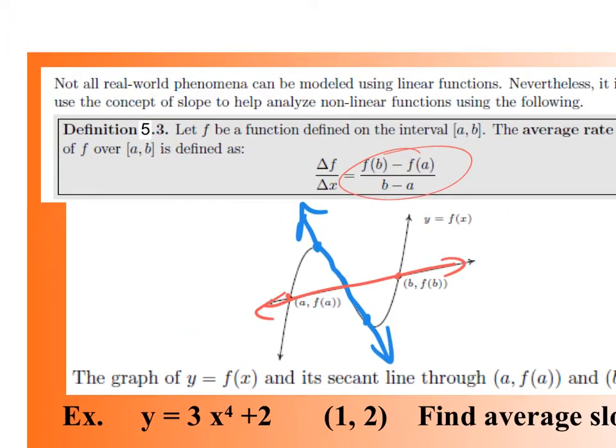So to do these, we're going to have this little formula. It's going to say on the interval A to B, that means from here to here, our average slope will be defined as f of B minus f of A. That's the change in the y's.